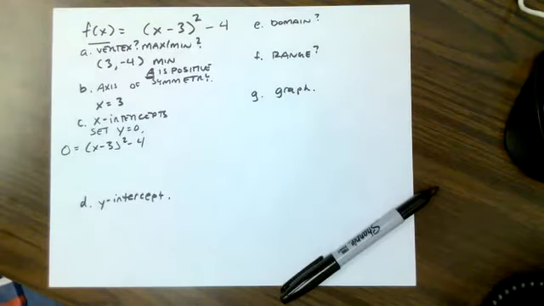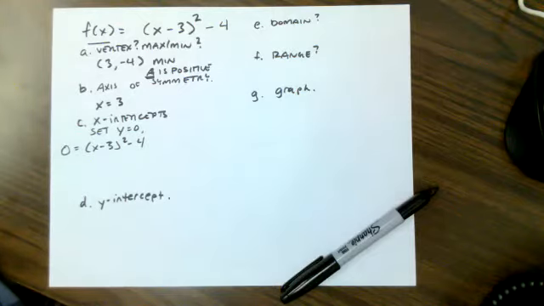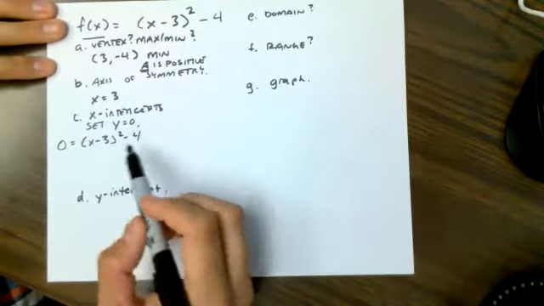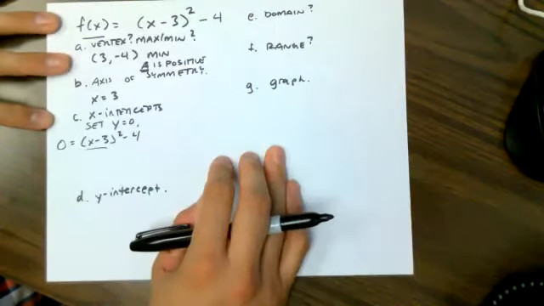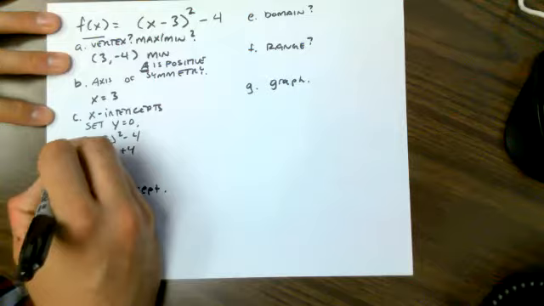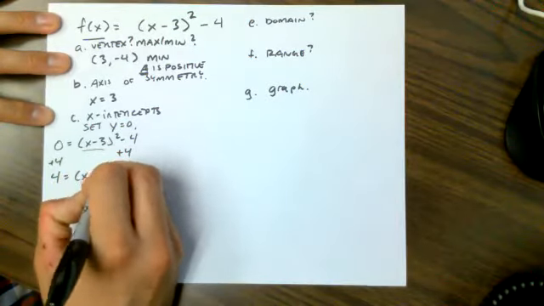Now I've got to solve this thing. I think we went over this in the first week of classes on reviewing quadratics, but if not, I'm going to go through solving using the square root method. Look, (x minus 3) squared is by itself. I'm going to move the 4 over, so I get 4 equals (x minus 3) squared.